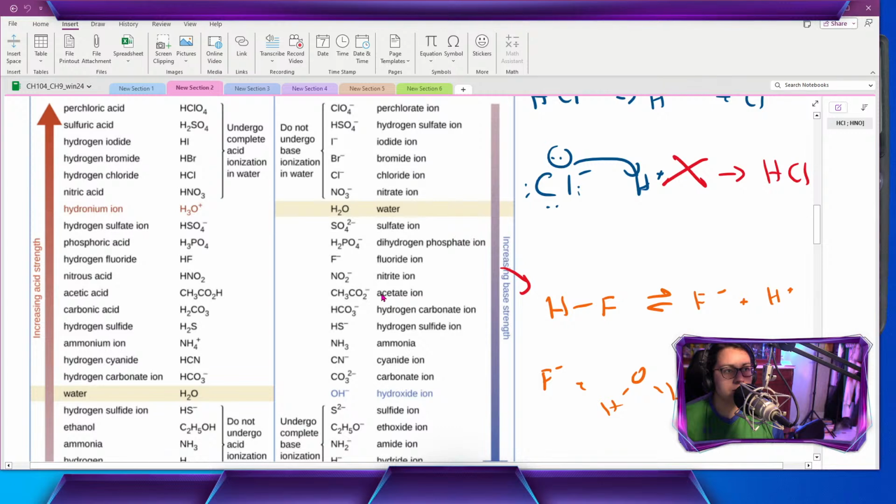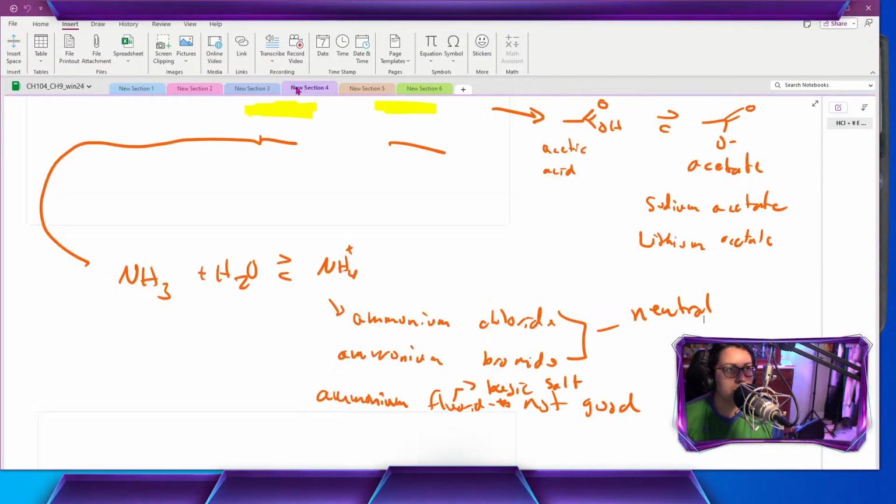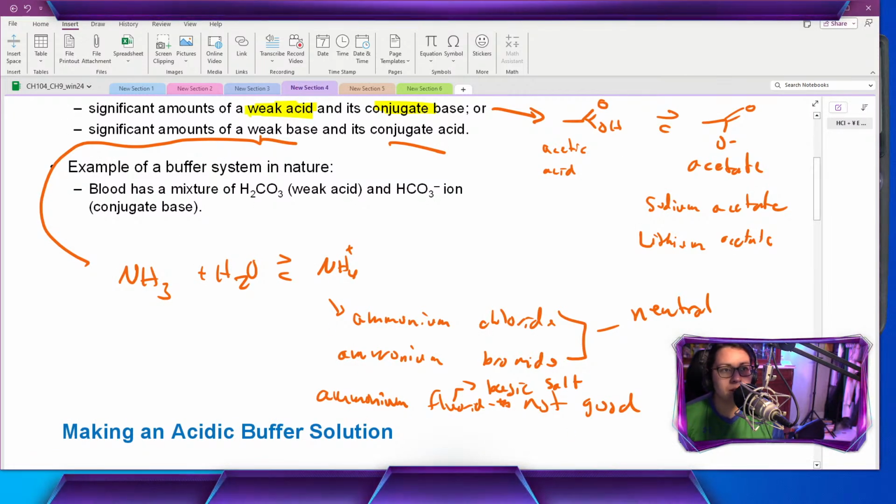So that would cause some confounding factors. Now, that being said, you might be in some sort of research situation where you would want to have a lot of some system of buffers, but that is not what we're discussing right now. So we're just keeping it simple. Want to pick an appropriate salt that does not have any other influences. So a neutral counter ion for our conjugate acid ammonium.